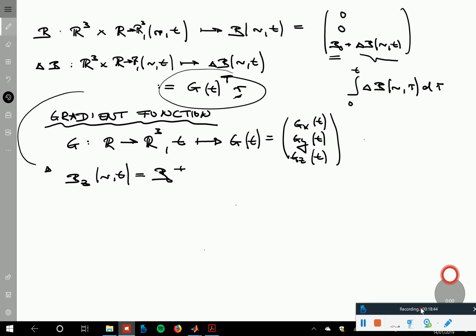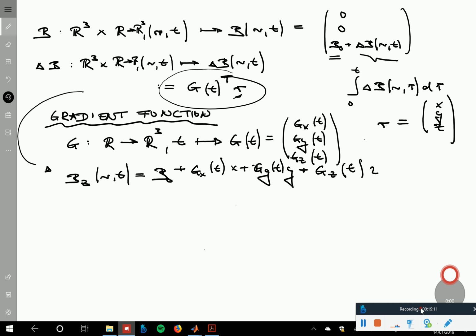So if we do that, Gx, Gy, Gz, transposed and multiplied by r. Remember that r is x, y, z. Then we of course get Gx(t) x plus Gy(t) y plus Gz(t) z.